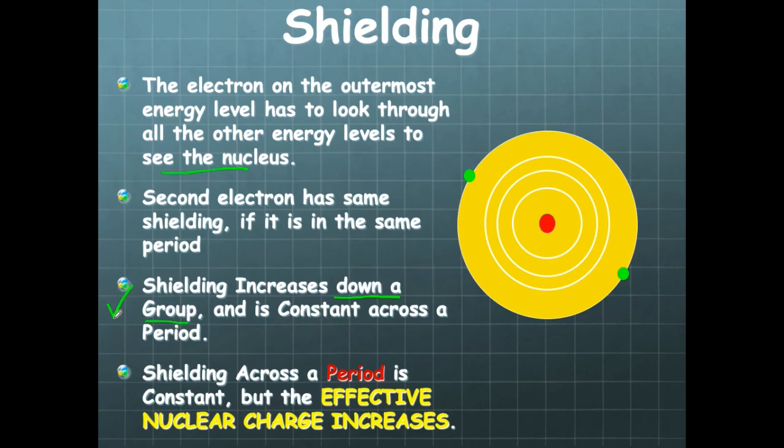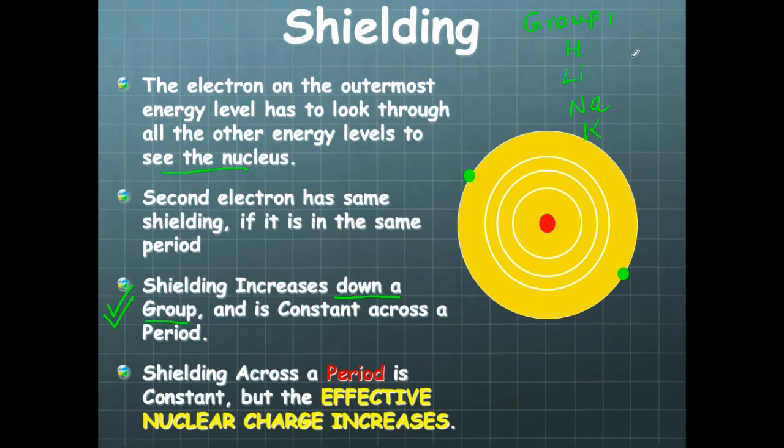So let's look at this one a little bit more in detail. What do we mean by down a group? Let's look at group 1, and we start with hydrogen, lithium, sodium, and potassium.